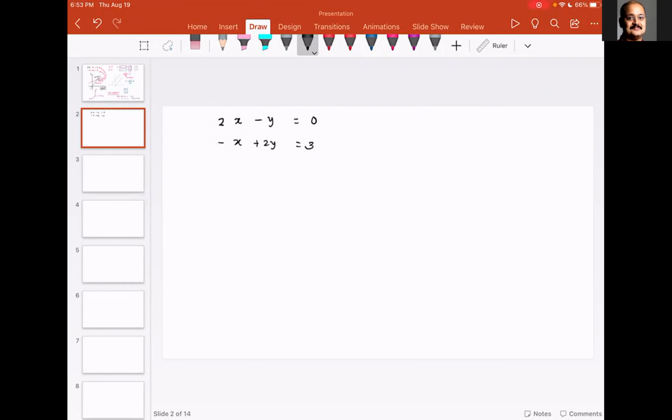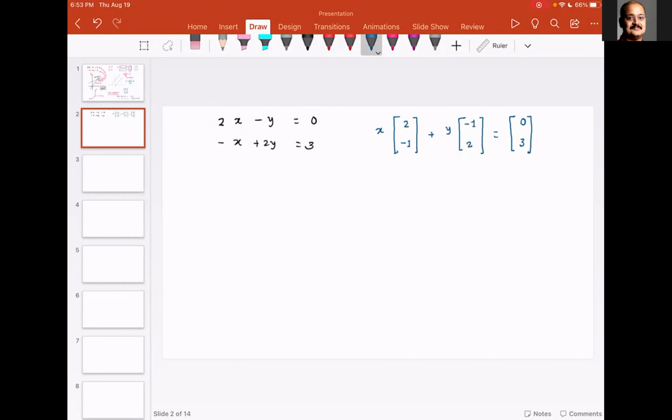But now I'm going to rewrite these equations like this: x times the column vector (2, minus 1), plus y times the column vector (minus 1, 2), is equal to (0, 3).